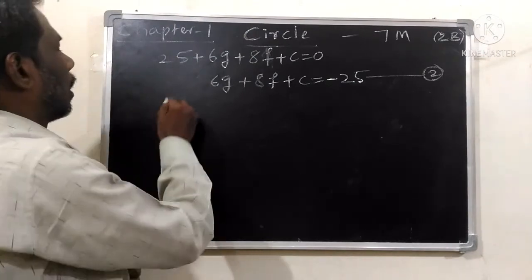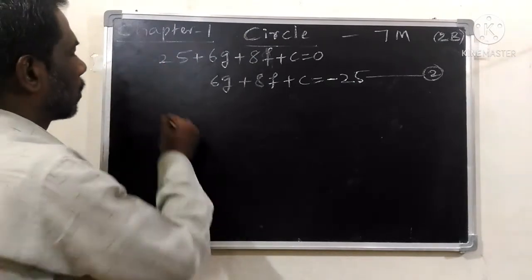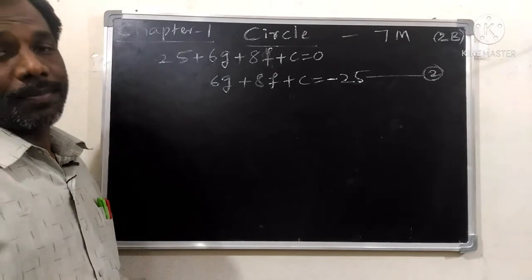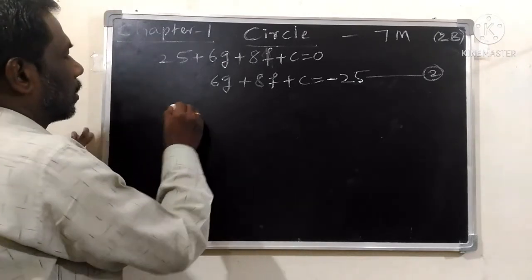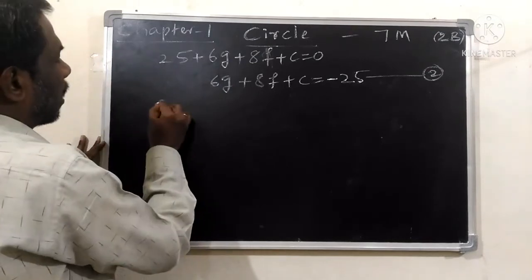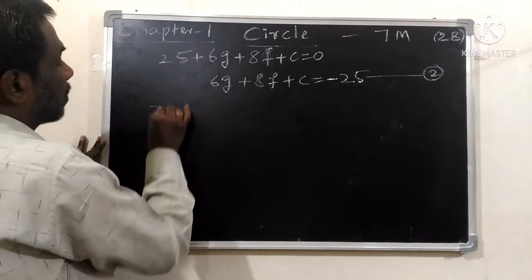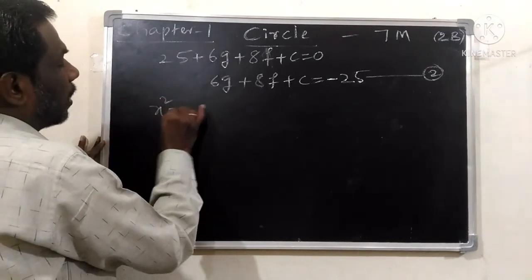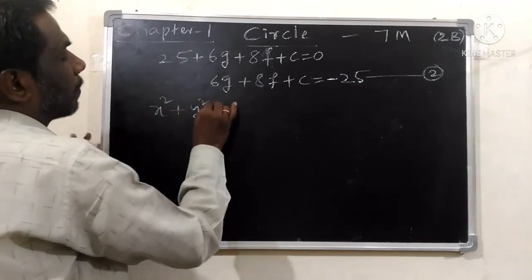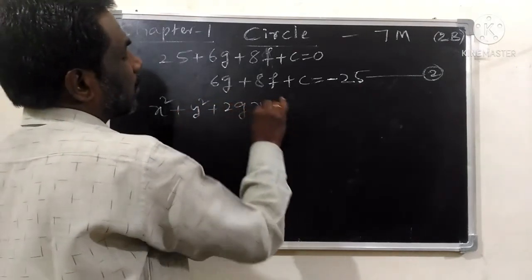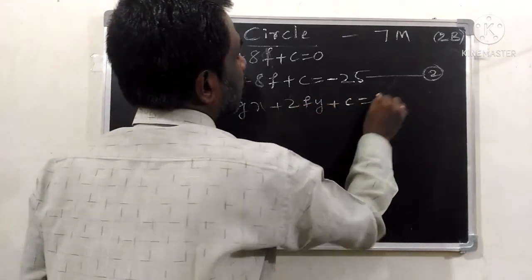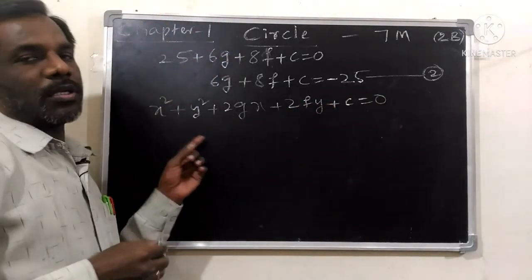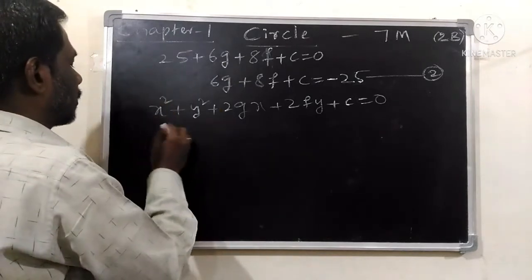Now I am going to substitute the second point, (3, 2), in the circle equation. What is the circle equation? I am repeating again: x² + y² + 2gx + 2fy + c = 0 is the equation of the circle.